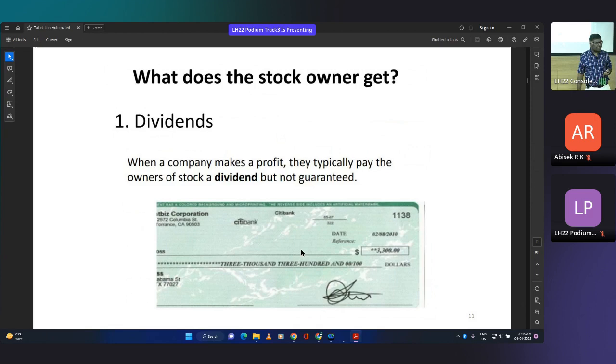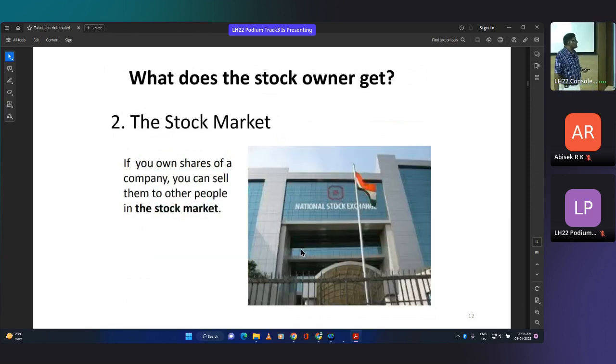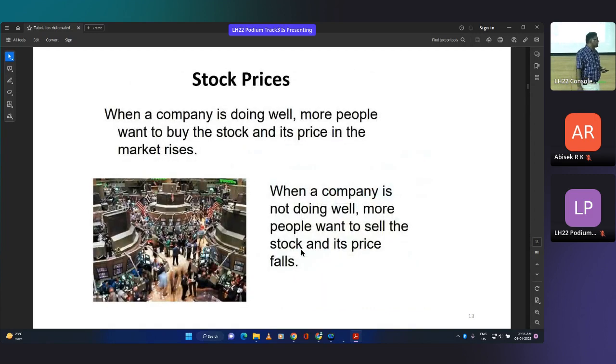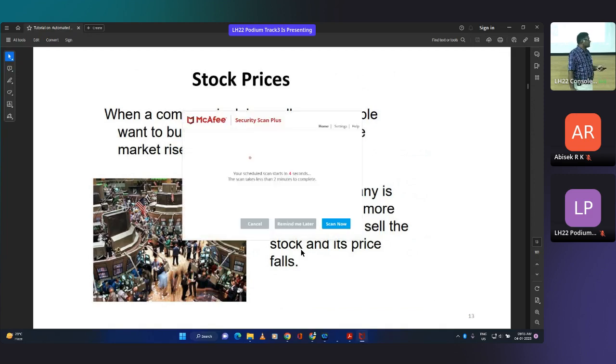Typically, long-term investors are looking for dividends, which you give from profits. And the other thing is that if the company is doing well, not only do you get dividends, you also get appreciation for your money from the stock market, because if the company is doing well, the stock will rise, and more people want to buy the stocks.